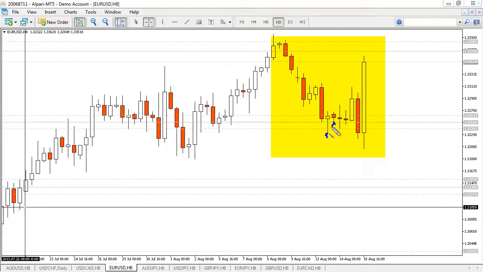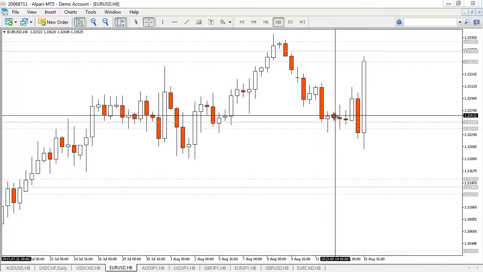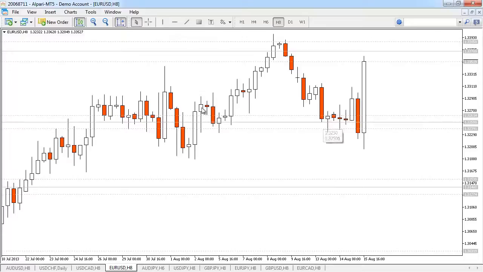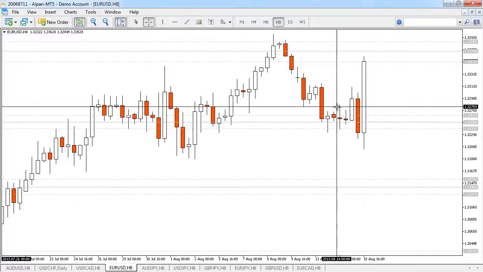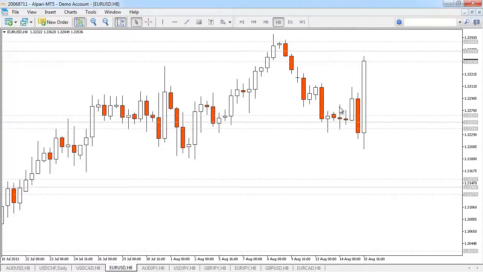We got 1, 2, 3, 4 indecision candles in this case, and the entry for this one wasn't at the top of the indecision candle because it was only 7 pips. It was a little close, so the entry was roughly here. I think most people got into this one at this candle. A lot of people got in on a retrace.